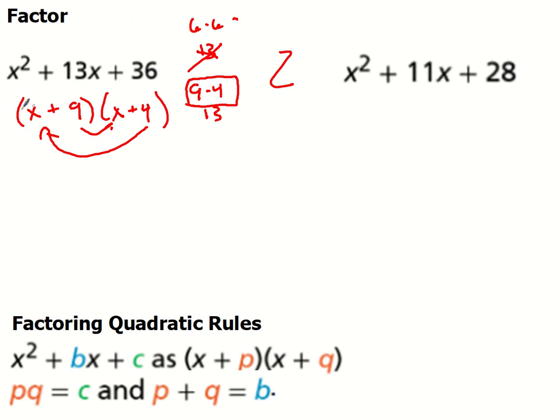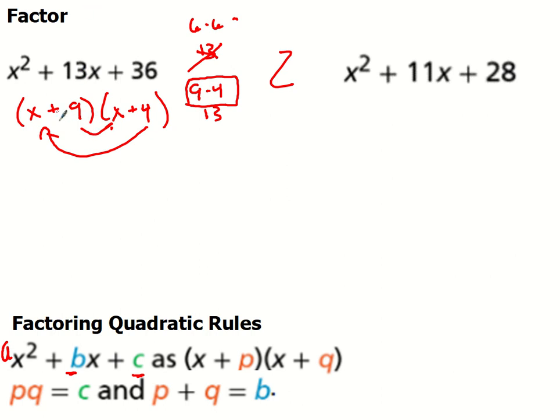So factoring this out, the way we figure this out is we figure out what two factors of the last term, we call this the C term, because in quadratics A is the first one, B is the second one, C is the third one. So I'm trying to figure out which two factors of the last term are going to add up to give me the middle term.